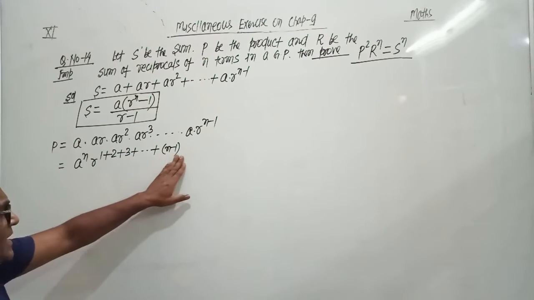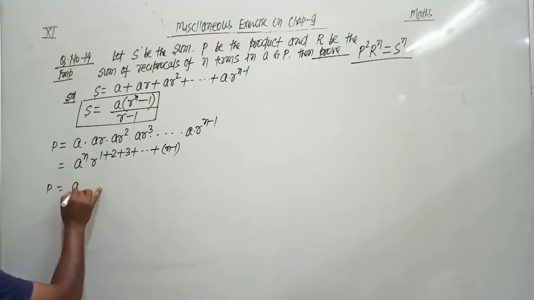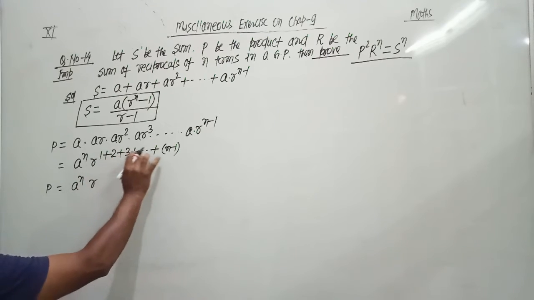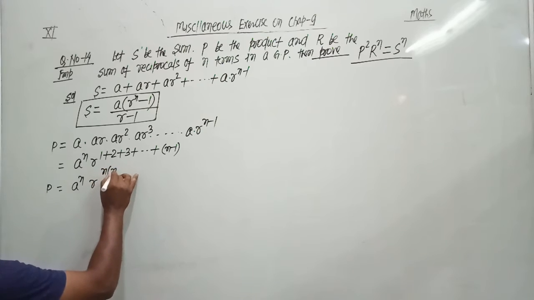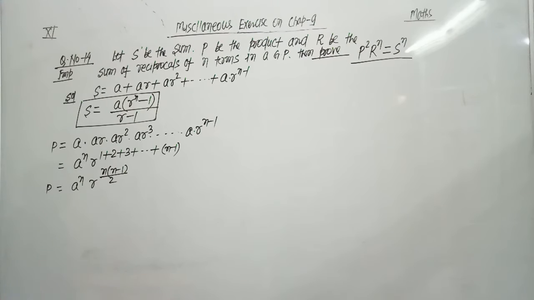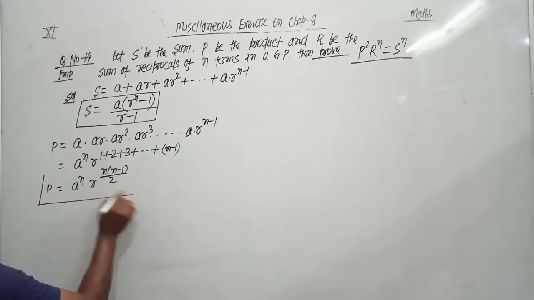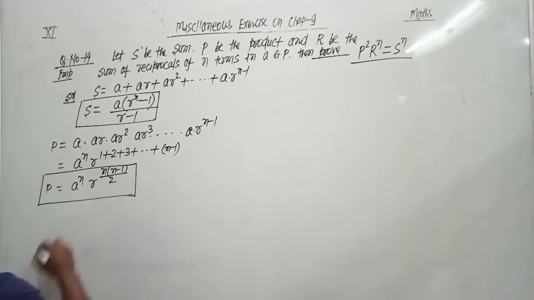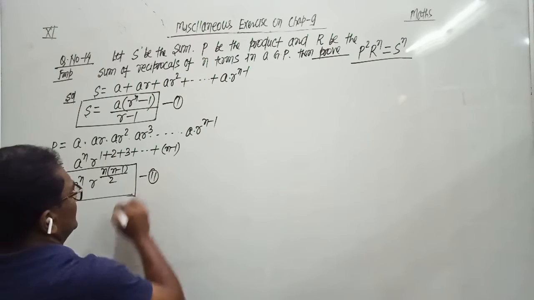This is the sum to n minus 1 terms of an AP, and the formula for 1 plus 2 plus 3 up to n minus 1 is n(n - 1)/2. So P equals a^n times r^(n(n-1)/2). Let this be the first equation and this the second equation.